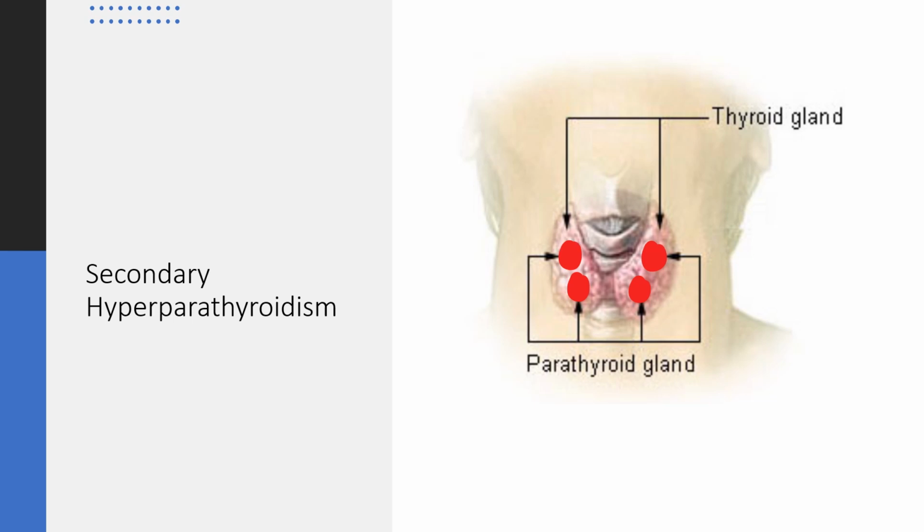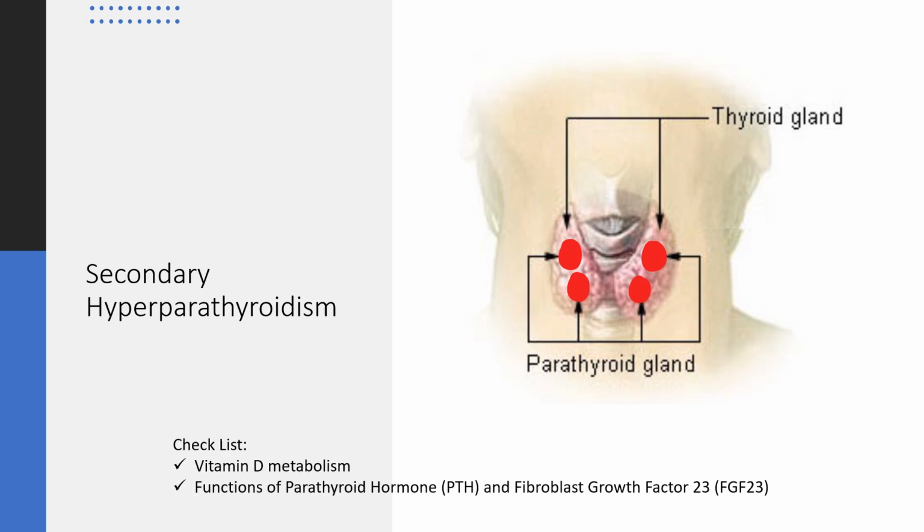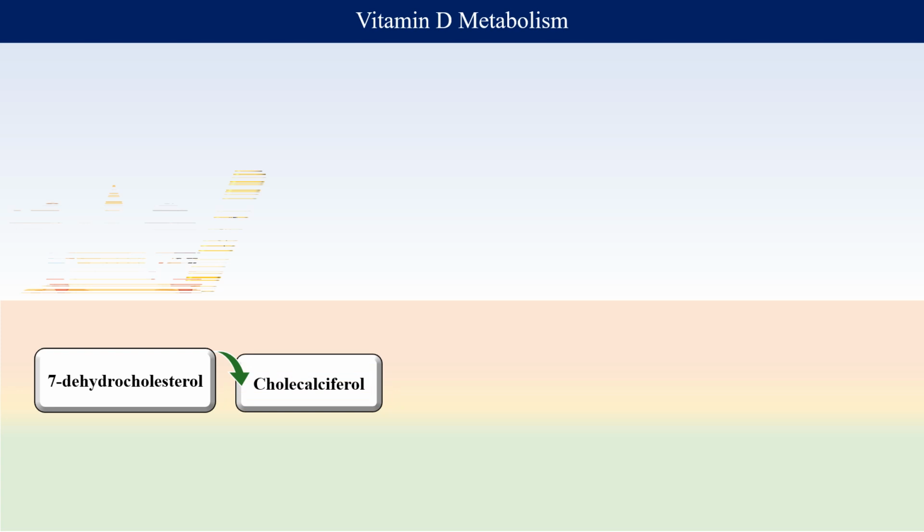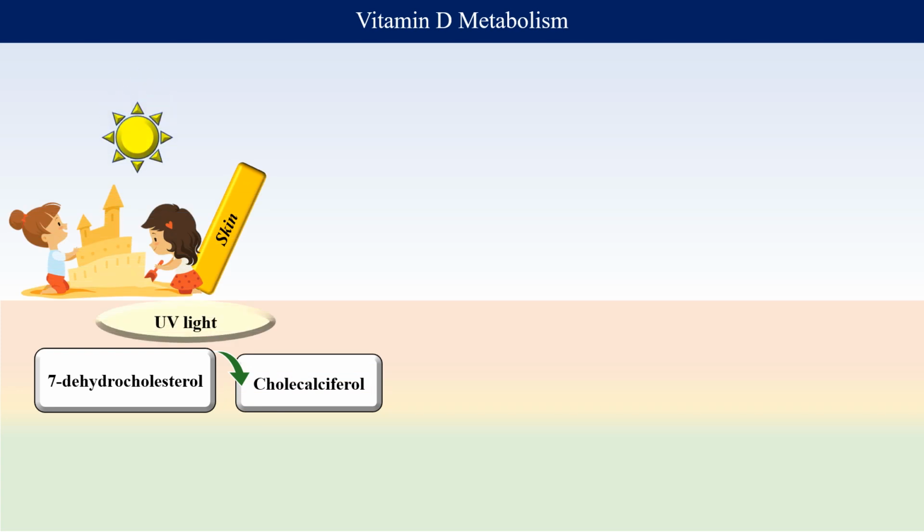Before we talk about the pathogenesis of secondary hyperparathyroidism, we need to briefly discuss vitamin D metabolism and the functions of two hormones, namely parathyroid hormone or PTH and fibroblast growth factor 23 or FGF23. Starting with vitamin D metabolism. We start out with 7-dehydrocholesterol, which gets converted to cholecalciferol by UV light.